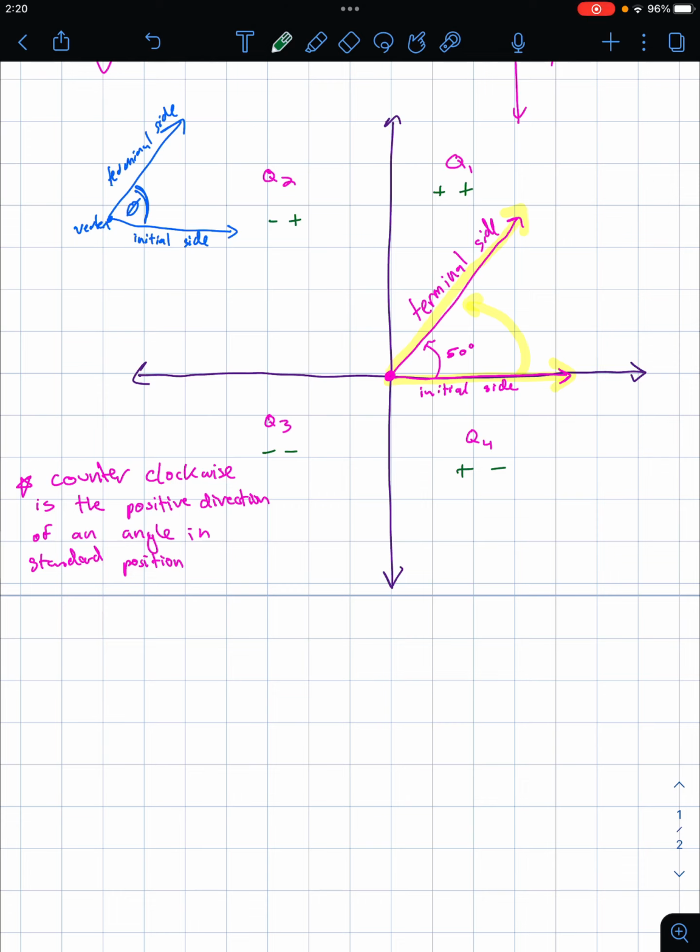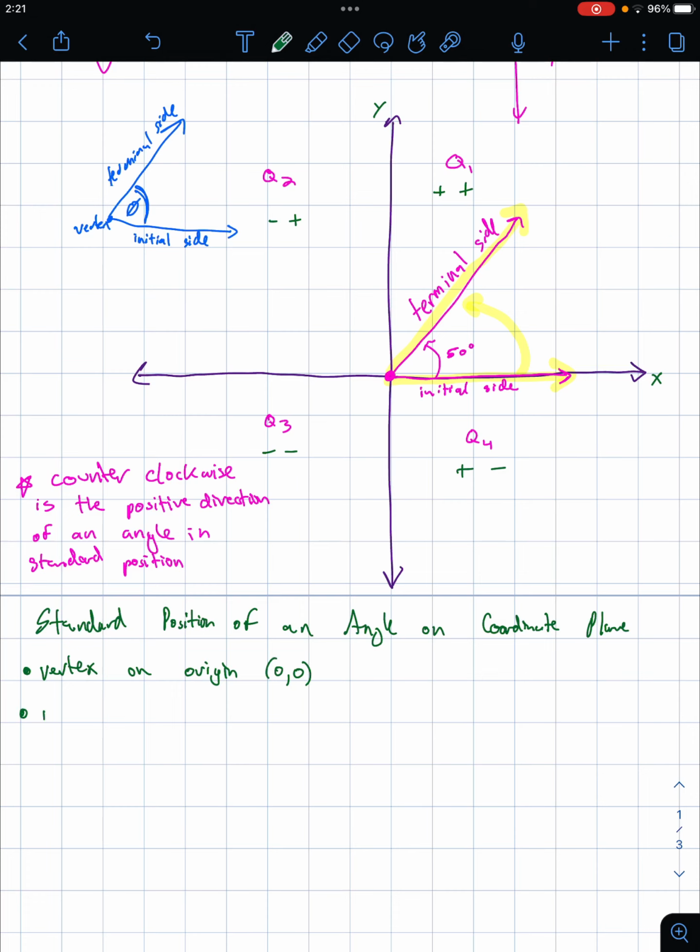So to recap so far, an angle in standard position, standard position of an angle on the coordinate plane. Technically this is a rectangular XY plane, but for now we'll just refer to it as the coordinate plane. We say the vertex is on the origin, 0, 0.